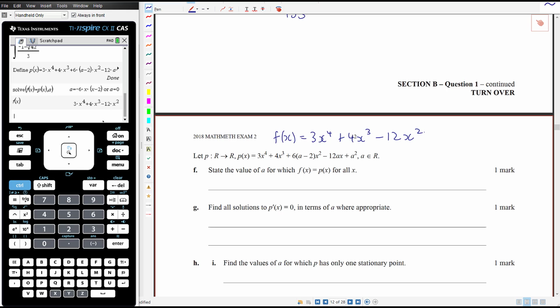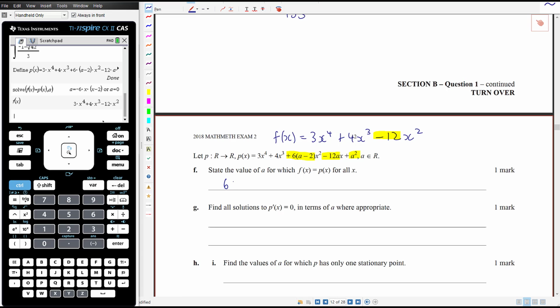Okay, so if these two things are equal, the first two terms are both exactly the same. We need positive 6 times a minus 2 to be equal to negative 12. And in addition to that, negative 12a has to be 0 and a squared has to be 0. So I suspect that would mean that all three of those things have to be equal to 0. So I'm just going to check that.